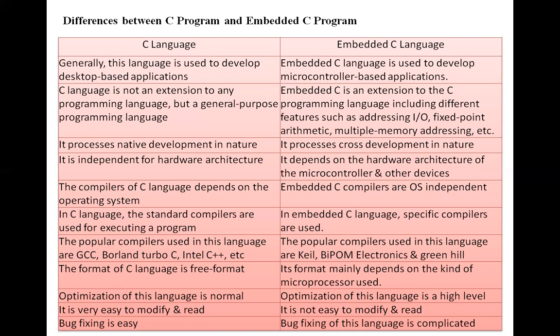Most of the drivers, network card applications, graphics and games are designed with the help of it. Similarly, the embedded C language is used to develop microcontroller based applications, okay.